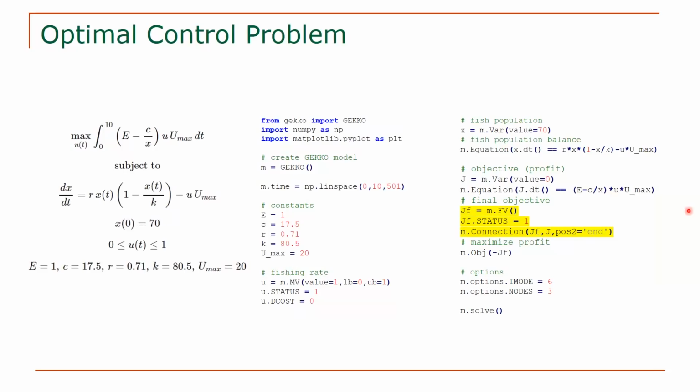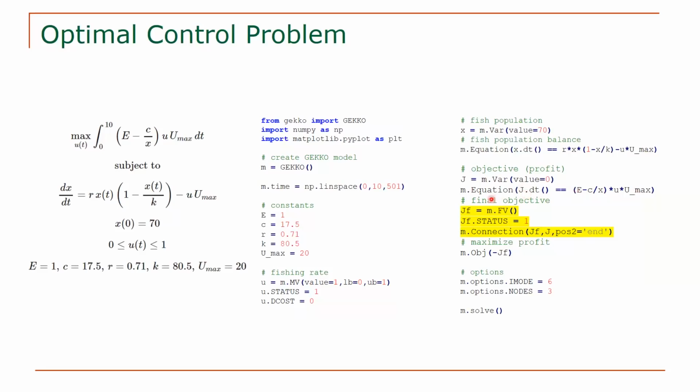So if you need to meet your endpoint, for example, this is just an integral. So we've swapped that integral for a derivative. Here, we've set this J equal to the integral of this equation, and then we want to maximize just that at the final point.